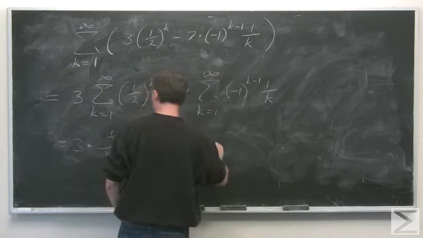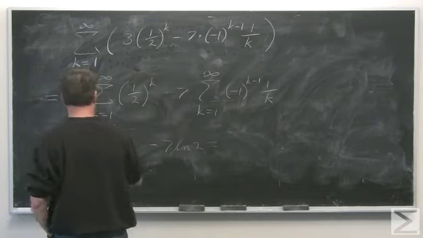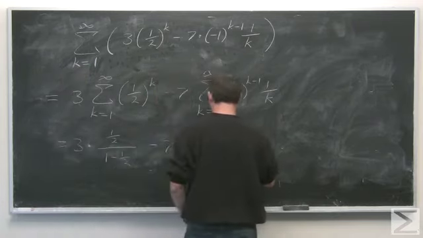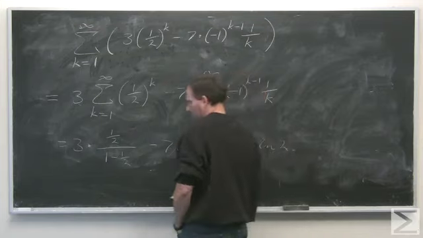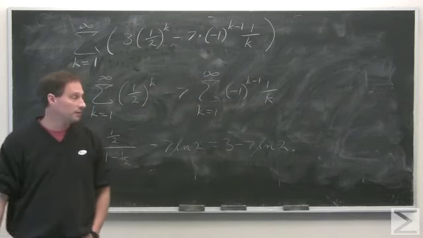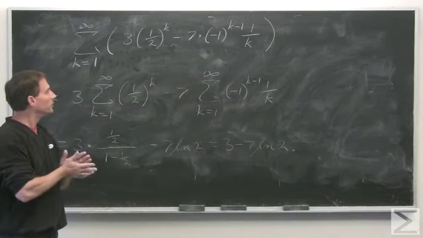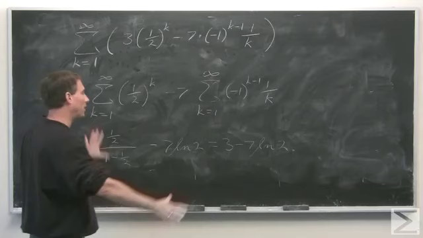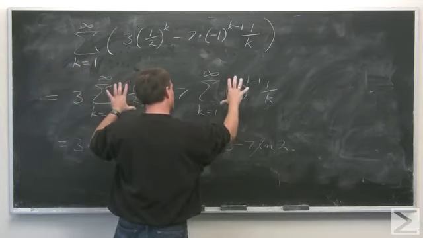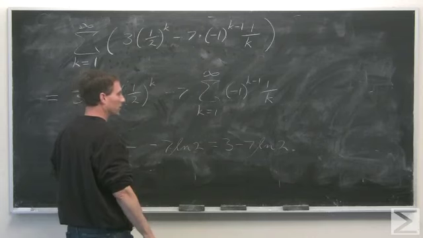It's the natural log of 2. Half divided by half, that's 1, so we get 3 minus 7 times the natural log of 2. So, you can split up sums and differences and pull out constants, provided that the series converge when you're finished.